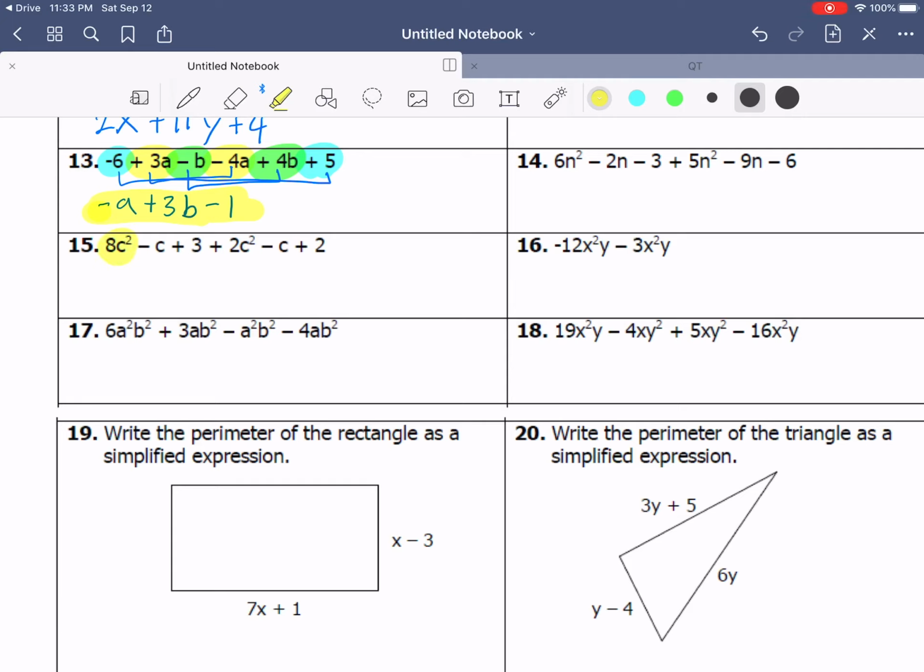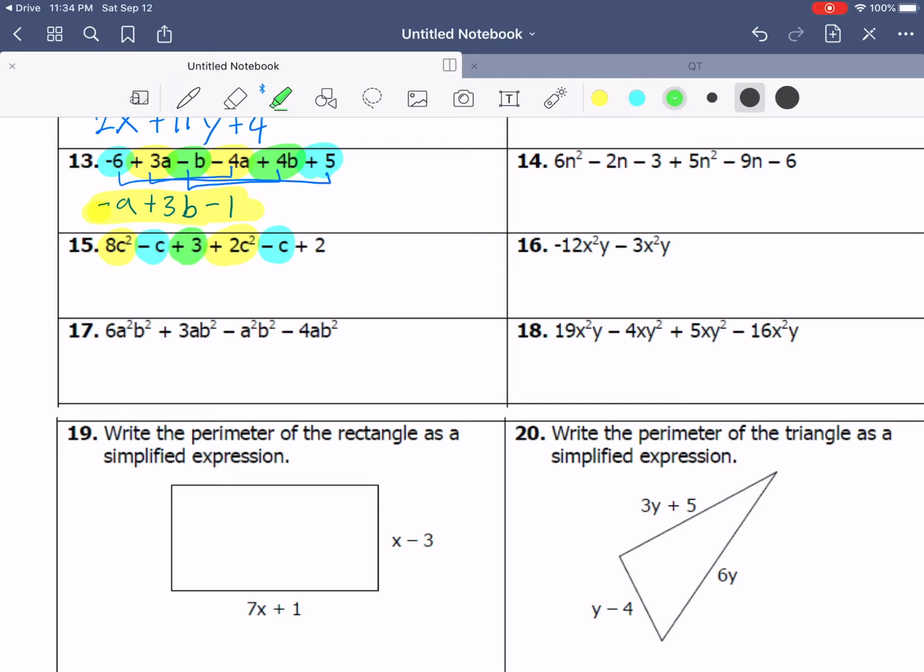Now we are dealing with this one as well. 8c squared plus 2c squared. In order to be like terms, they should have exactly the same variable with the same exponent. So this one has 2, so they go together. But if you look at these c's, they do not have 2 on top of them. So we consider they are not the same. Okay?